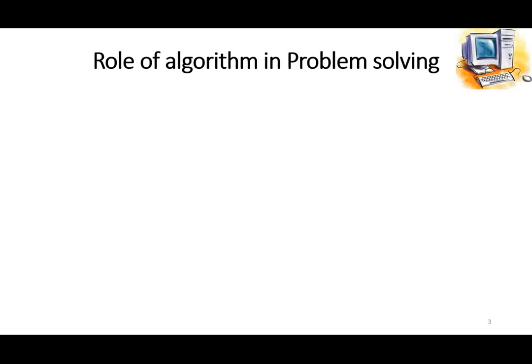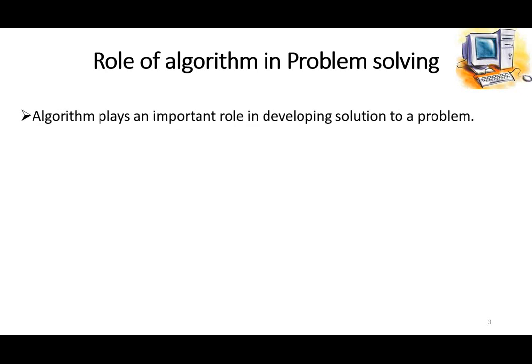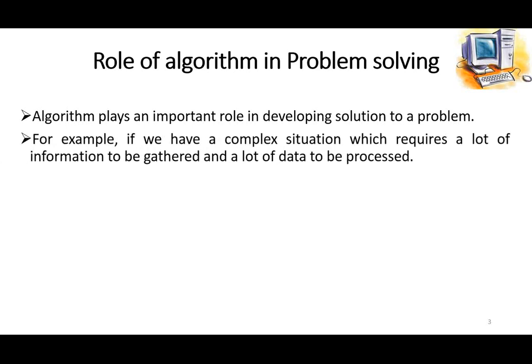Now, the role of algorithm in problem solving. An algorithm plays an important role in developing a solution to a problem. For example, if we have a complex situation which requires a lot of information to be gathered and a lot of data to be processed, then of course a complex and big problem cannot be solved as a whole.